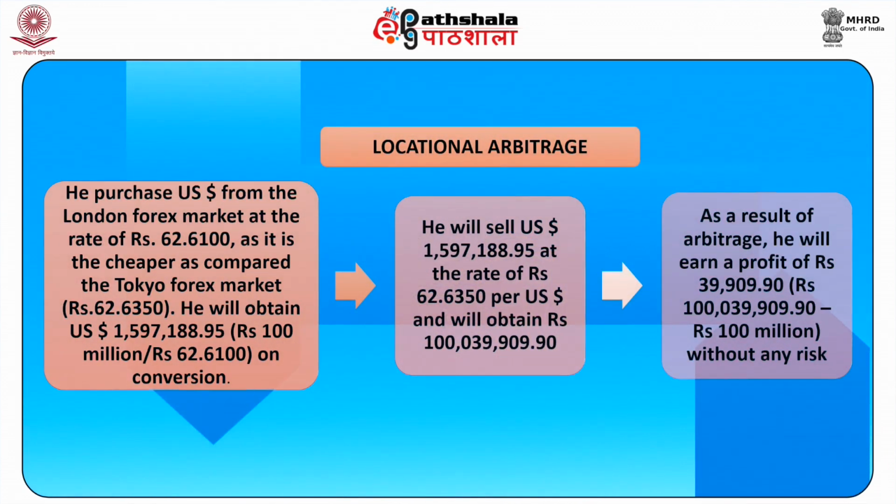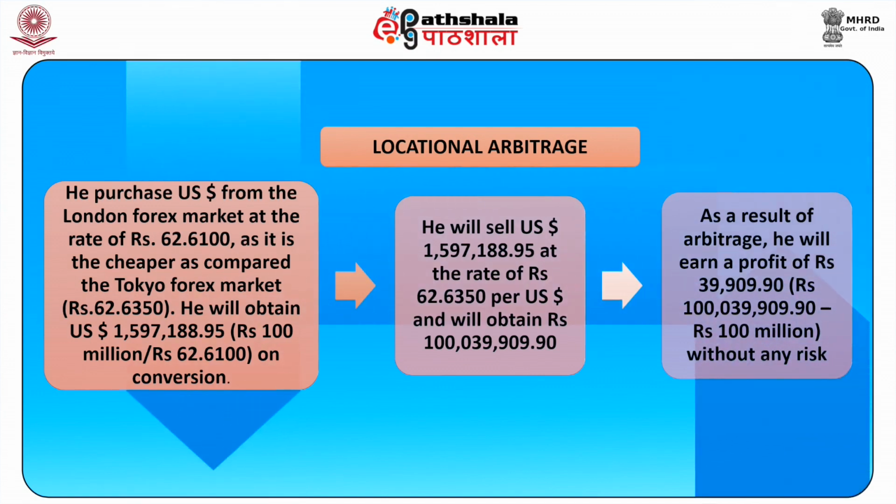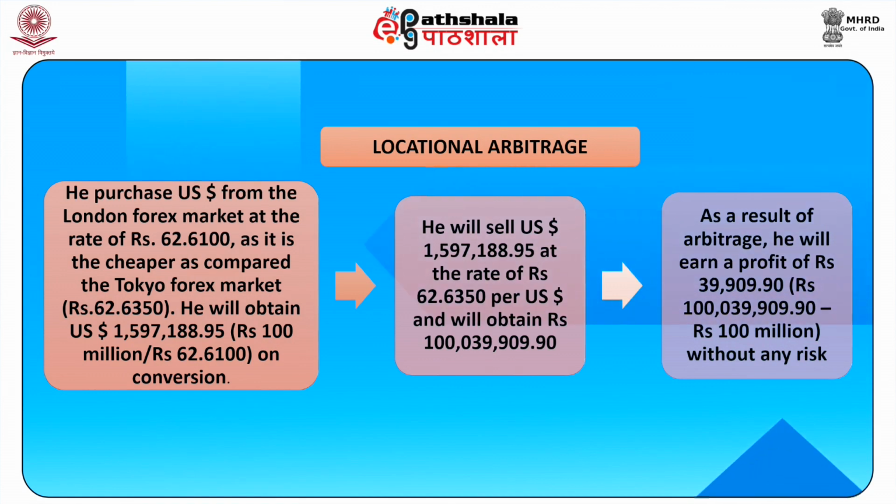1. He will purchase US dollars from the London foreign exchange market at the rate of rupees 62.6100 as it is cheaper as compared to Tokyo foreign exchange market, which is rupees 62.6350.